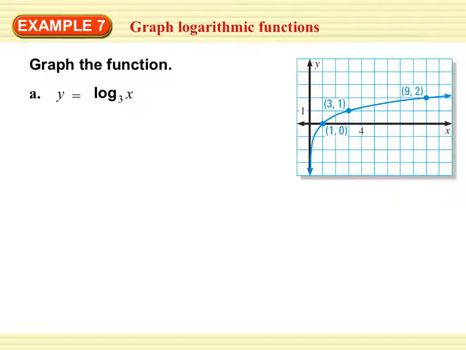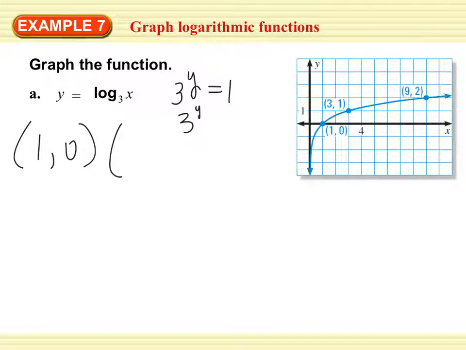So here, let's just plot several points, make them somewhat convenient. If x is 1, that just means 3 to the y equals 1, and that's going to match with 0. Anything to the 0 power is 1. And then I can plug in 3 for x. 3 to the y equals 3, so y is 1.